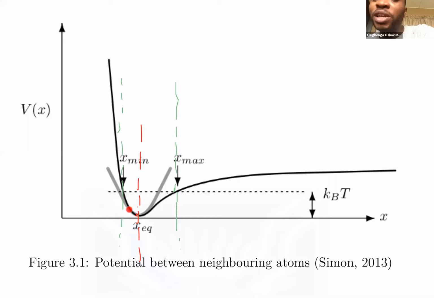It's the vibration that will increase. And when the vibration increases, it means that the separation between the two neighboring atoms will increase to this point, and also contract to this point, expand to this point, contract to this point.